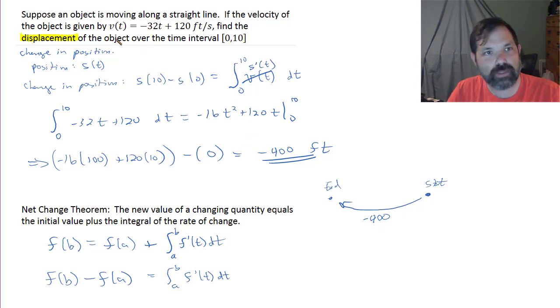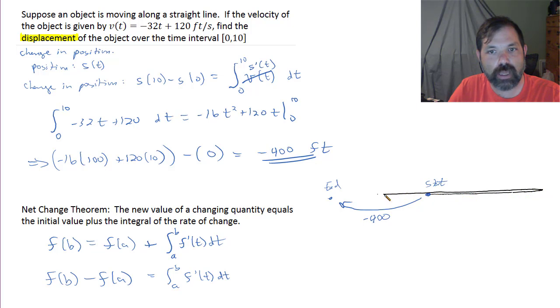But now let's think about this. The velocity function was negative 32t plus 120, and certainly at time 0, the velocity was positive. So if we think about it as traveling on a straight line, and we take the positive direction to be to the right, what actually happened was the particle was moving to the right first, and then started moving to the left, and then ended up at the end point.